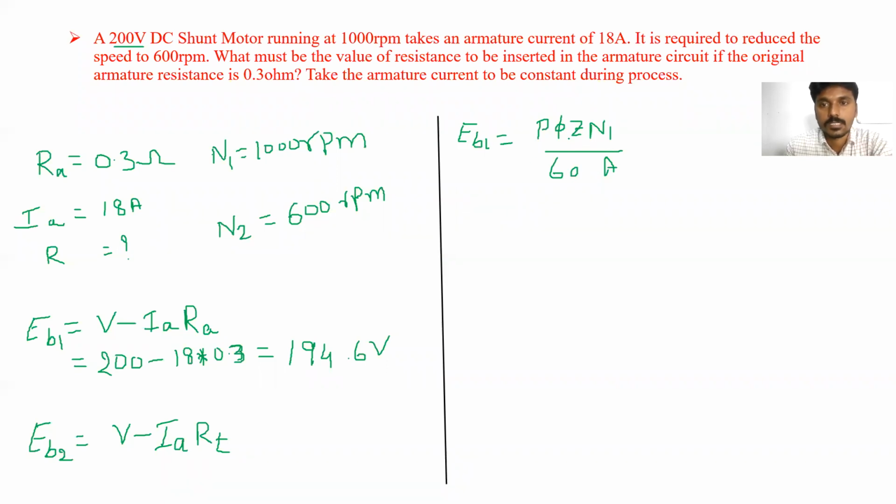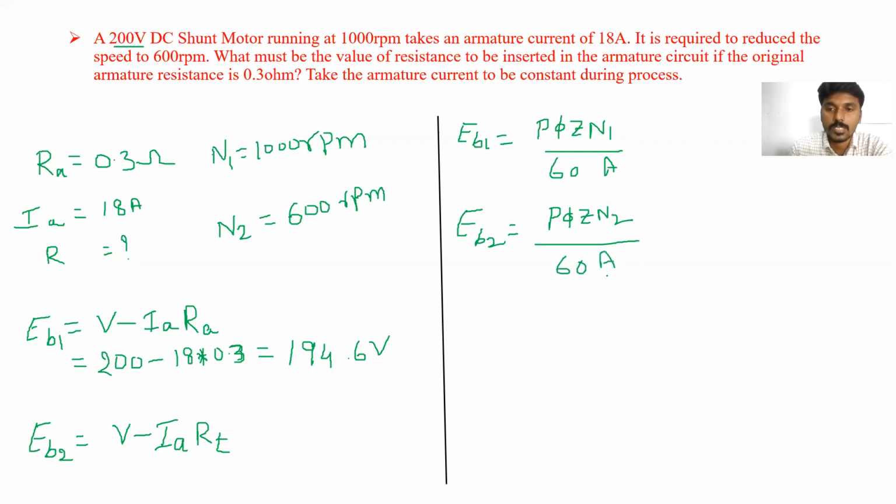PhiZ into N1 upon 60 into A. In the same way, we can also write the back EMF at a different speed. EB2 is equal to PhiZN2 upon 60 into A.